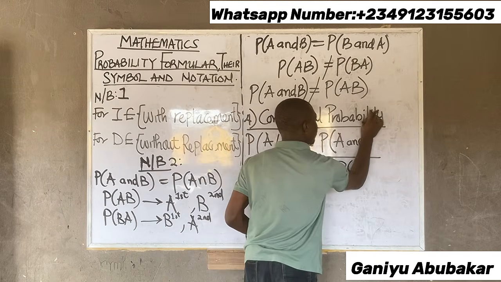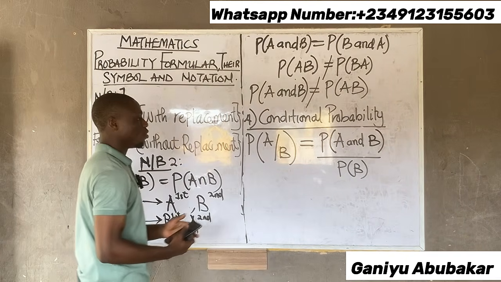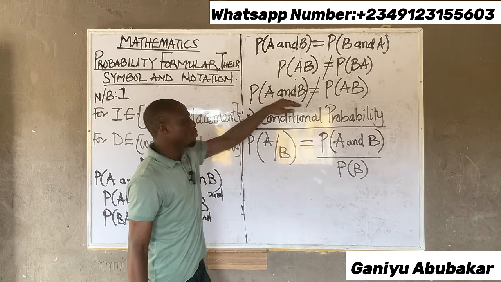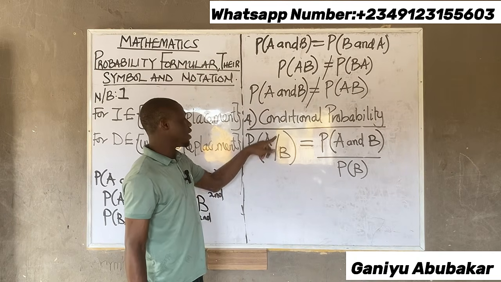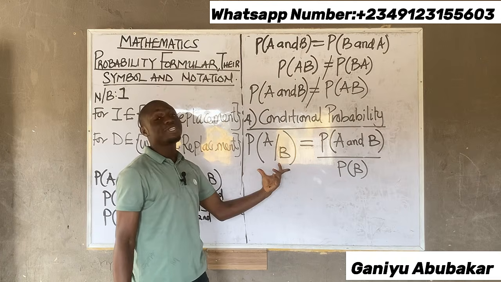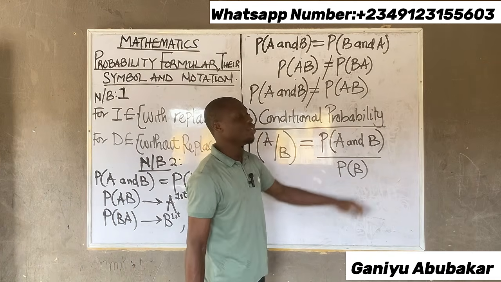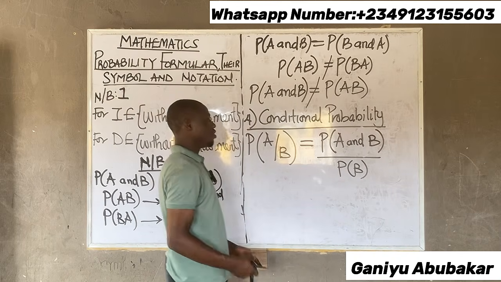This is your formula approach to conditional probability. The probability of A will occur given that B has already occurred is the expression for conditional probability, and this is equal to the probability of A and B will occur given that B has already occurred.